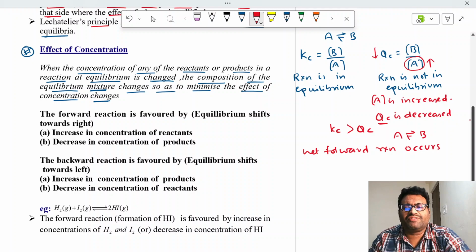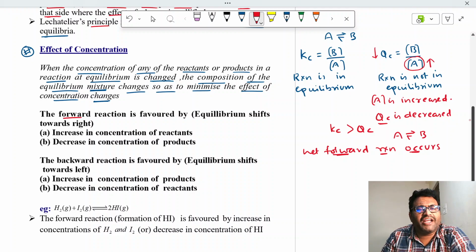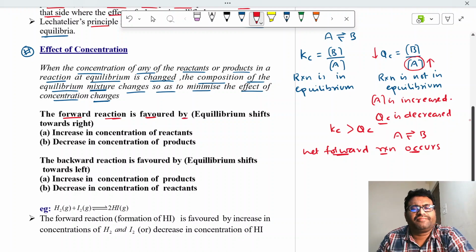Okay. Already we have studied that when Kc is greater than Qc, net forward reaction occurs. So the forward reaction is favored. You are mentioning the arrow towards right, and towards right means we say that equilibrium shifts towards right.